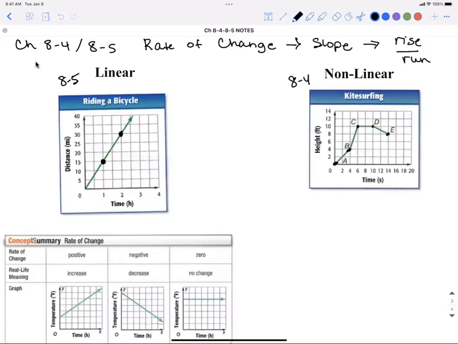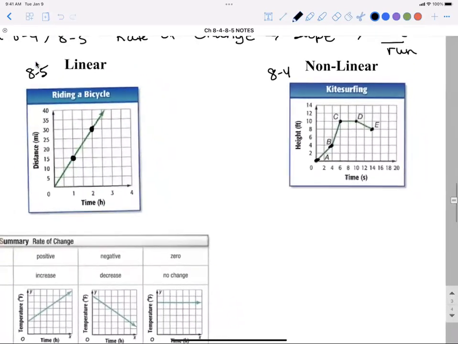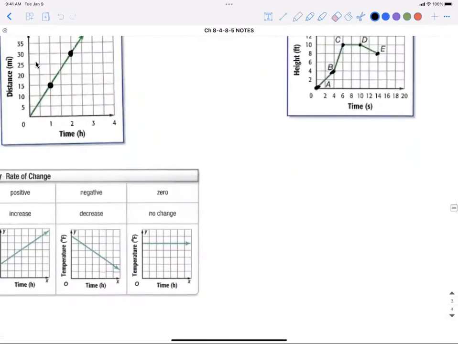All right, so a couple of things I want you to get used to seeing are some different notations for rise over run. So the long way to write it out here, and I'm just going to use slope rather than writing out rate of change, just because I like math, I don't like to write. So if we call it slope, slope is known as the change in y over the change in x.